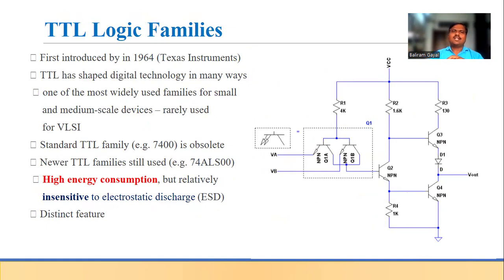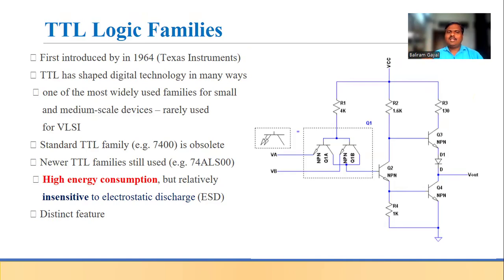Now we consider the TTL logic family. First, this was introduced in 1964 by Texas Instruments. TTL has shaped digital technology in many ways. It is one of the most widely used families for small and medium scale devices, rarely used for VLSI.